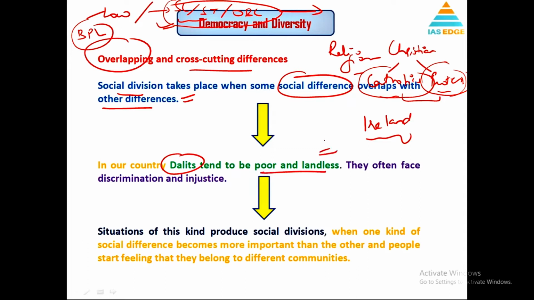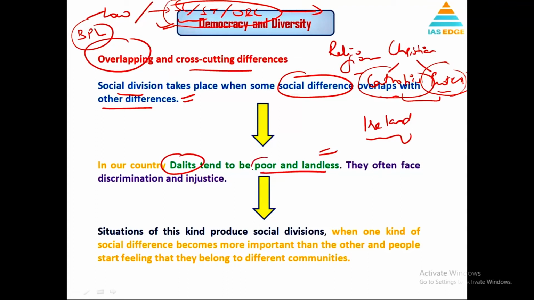For example, in India, Dalits are poor and landless, so that is a sad thing. You will rarely find a Dalit person having huge tracts of land, doing farming on 25 acres of land. That is practically impossible in India. Maybe due to some reason, one Dalit entrepreneur or one big Dalit businessman might have acquired land or earned money. But that is maybe one case.